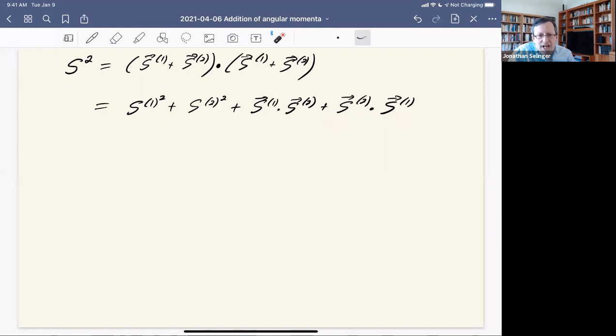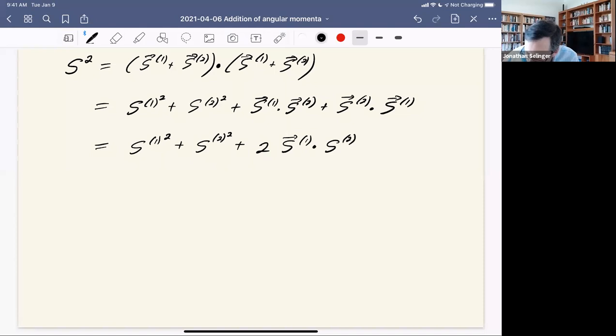They don't really communicate with each other, because one does something to a state based on the particle 1 spin, and the other does something to a state based on the particle 2 spin, and those two things don't interact. So this is just equal to S1 squared plus S2 squared plus 2 times S1 dot S2.